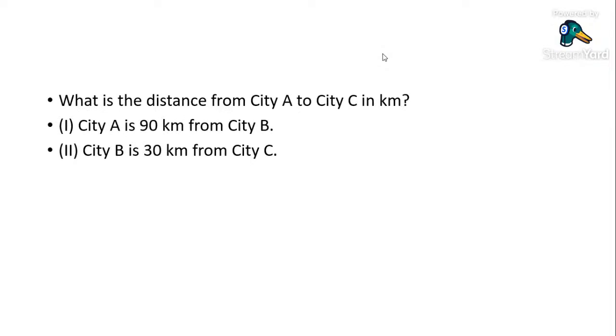What is the distance from city A to city C in kilometers? City A is 90 kilometers from city B, and city B is 30 kilometers from city C. Read the question carefully. What is the distance between A and C? So you're supposed to find the distance between A and C in kilometers. This is the question. Let's go with the first statement. So check what does the first statement say.